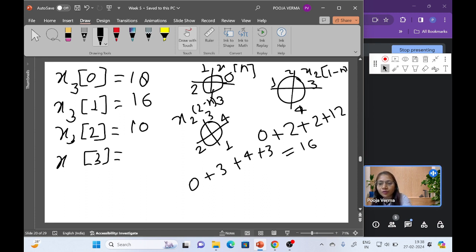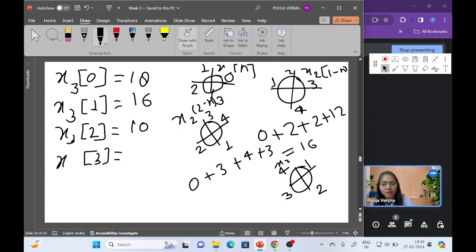Similarly, in order to find x3 of 3, we will rotate the sequence 3 times. x2 of 3 minus n. So again we will rotate x2 of 2 minus n one time more. So 1, 4, 3, 2.